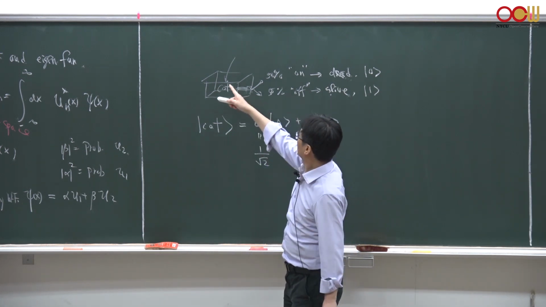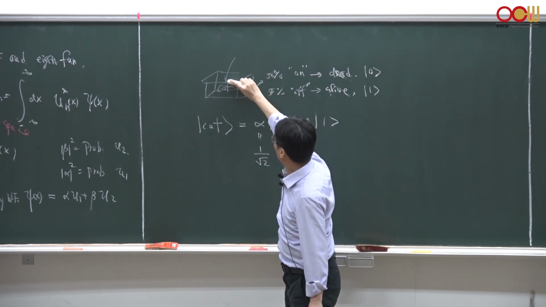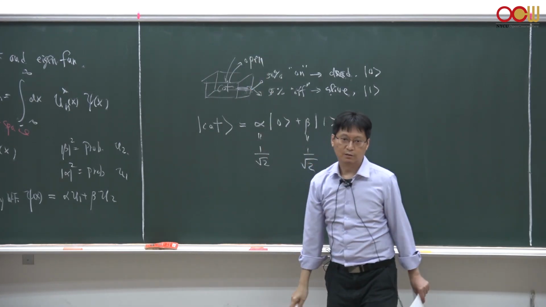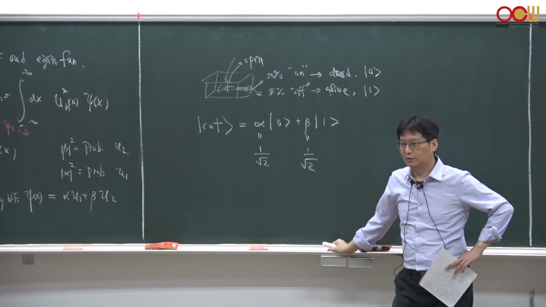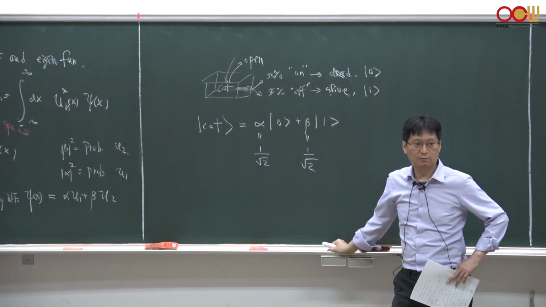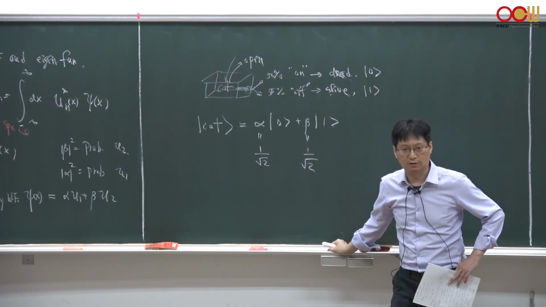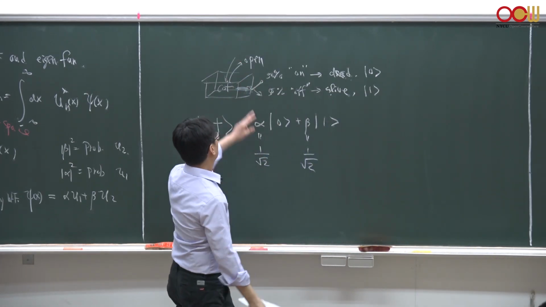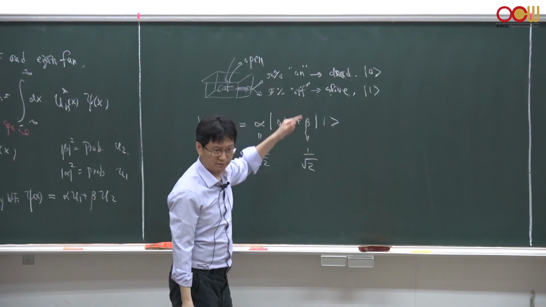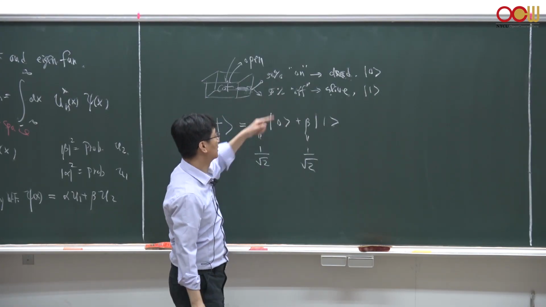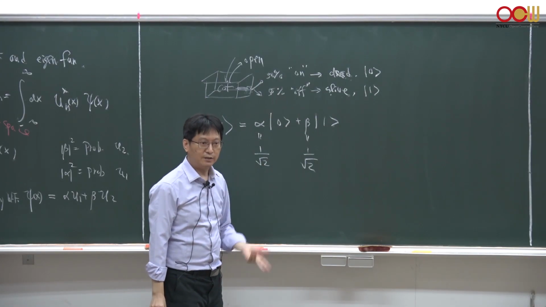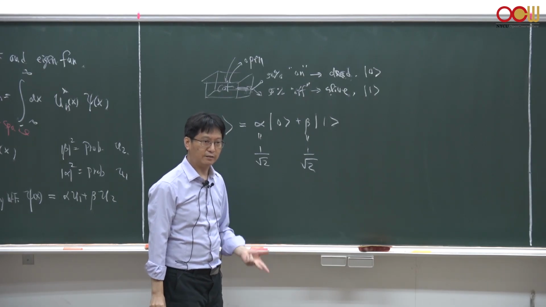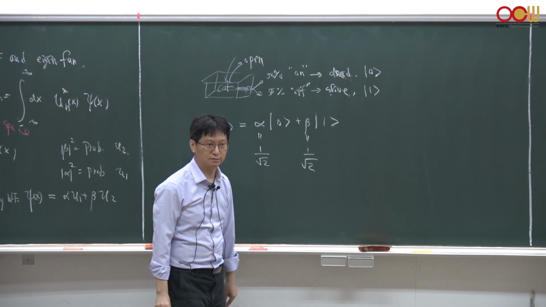But the tricky thing is when you open up the box, the poison machinery may or may not have been triggered, which you don't know. But once you open the box, you actually take the measurement. When you take the measurement, the cat can be either dead or alive. It cannot be both dead and alive.